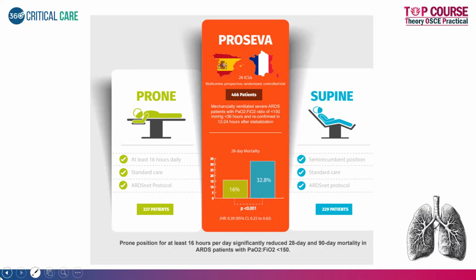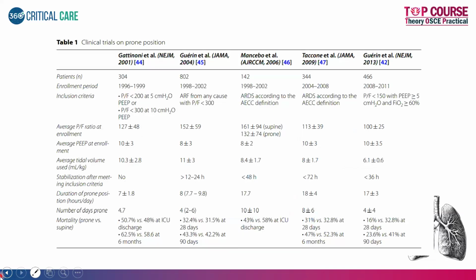One of the studies in 2020 pointed out that a proning period of roughly 12 hours was sufficient to show similar benefits as seen with the Proseva trial, which ventilated patients prone for up to 16 hours. This is something I've already discussed with you when I spoke about prone ventilation.